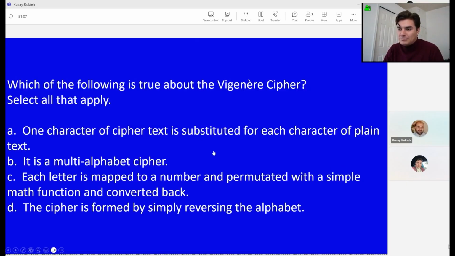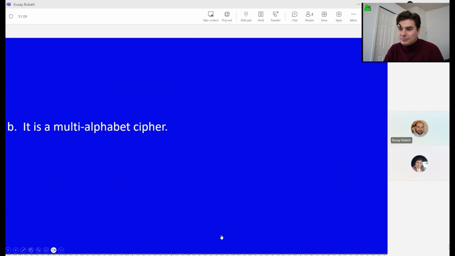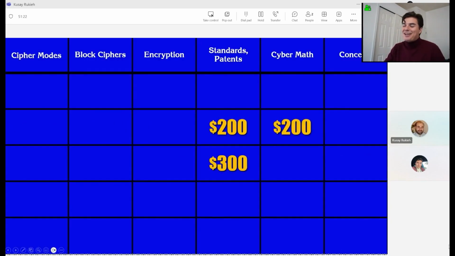So not all of them are shifted in the same way. At least if you break one letter, you can't break the whole message. Make sense? Yes, it does.